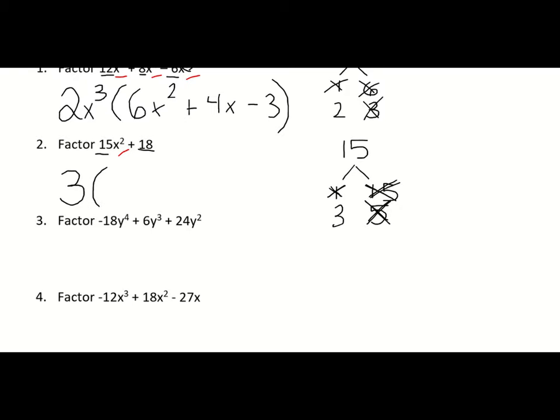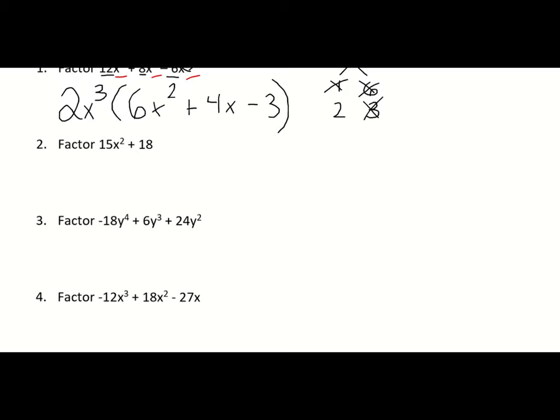So using 3, I'm going to divide everything by it and write what is left inside parentheses. So 15 divided by 3 is 5, and we still have that x squared there. We've got to drop that down. Plus 18 divided by 3 is 6. Close the parentheses.